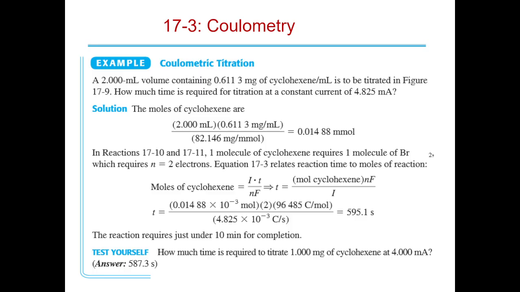How would we get that? This number here, where do you think that comes from? The milligrams per millimole. What if you cancel the milli? We have milli on top, milli on bottom. Those will cancel, wouldn't they?